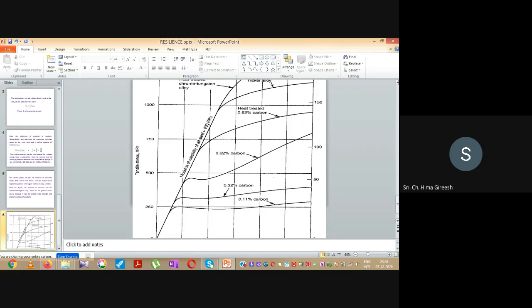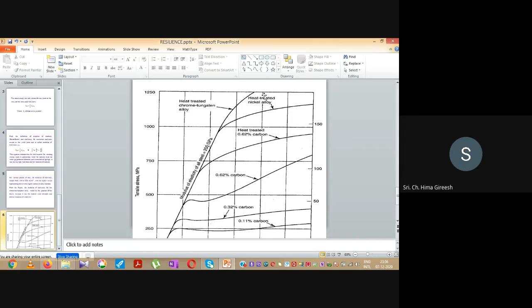From this diagram we observe one point. The material with heat treatment has a higher yield strength, and the heat treated chrome tungsten alloy has the highest yield stress, so obviously it has the higher modulus of resilience. After that, this is a nickel alloy.